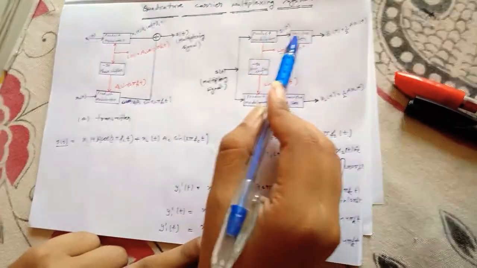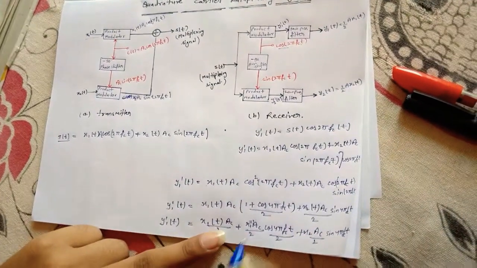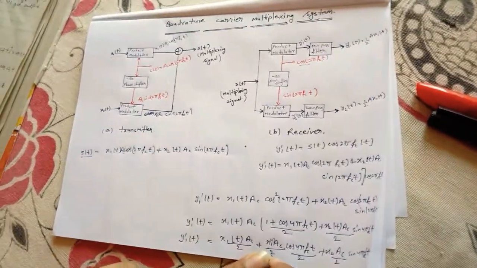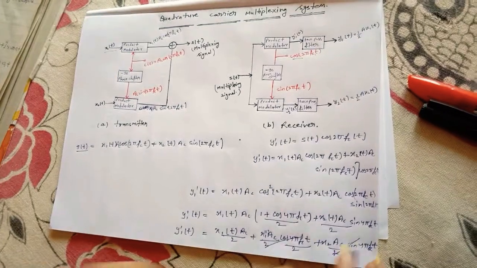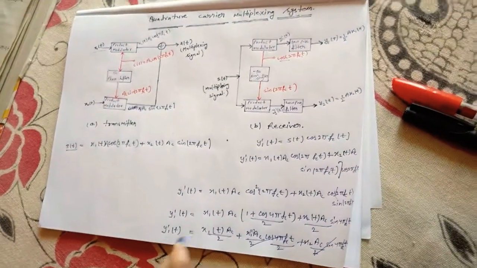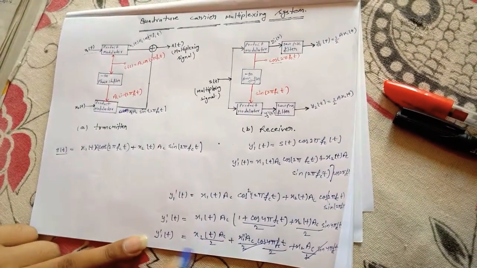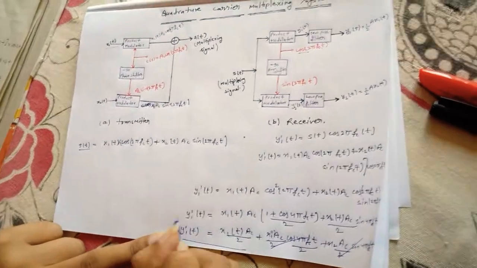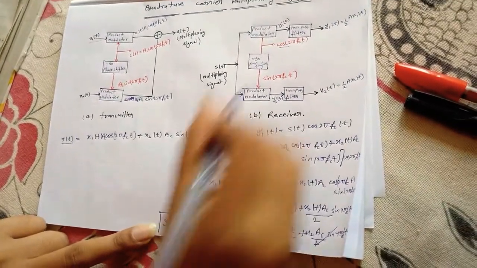When we pass it through the low pass filter, we remove the high-frequency terms, and y1'(t) will be only x1(t) Ac/2.